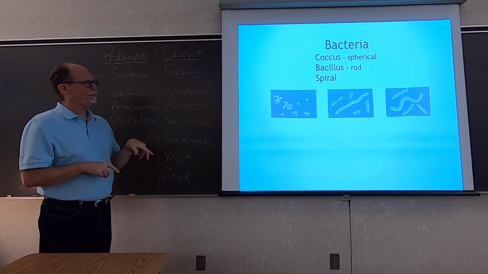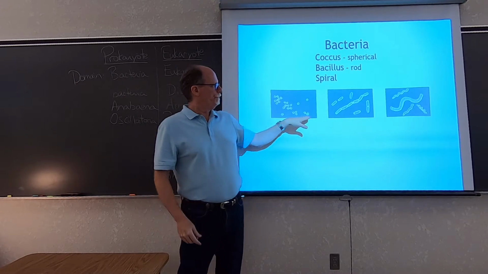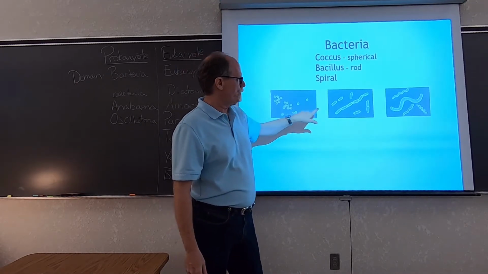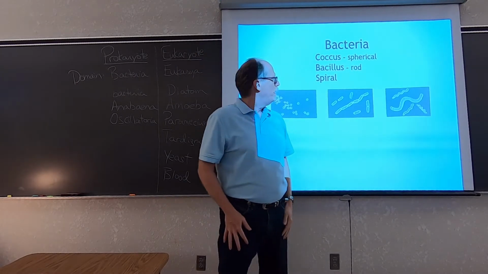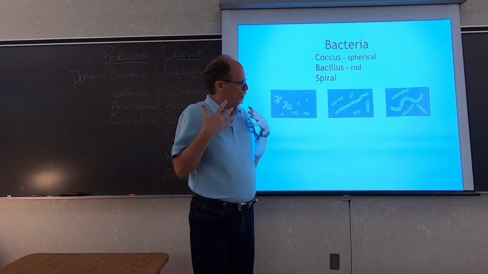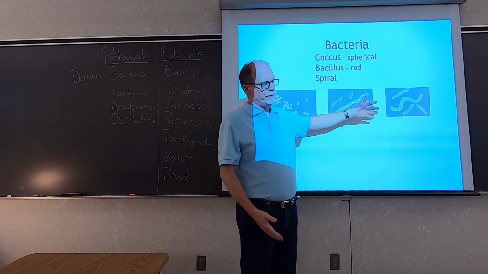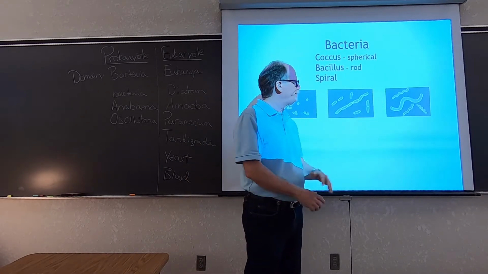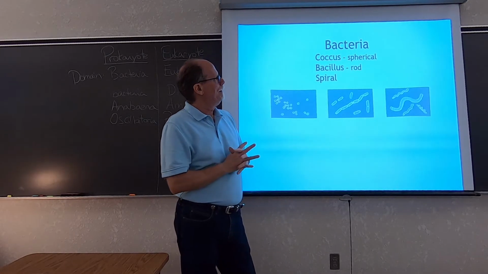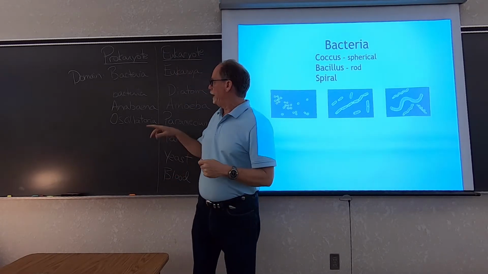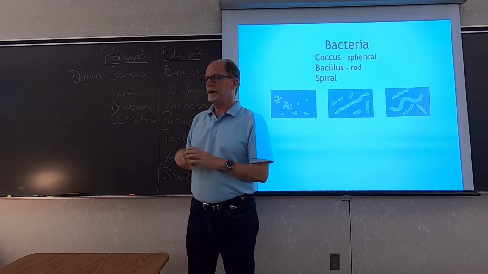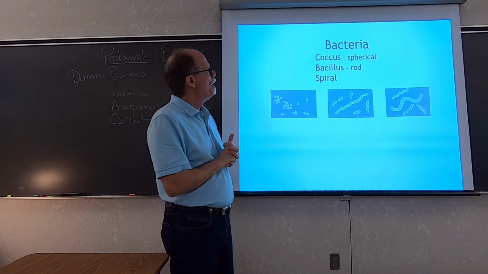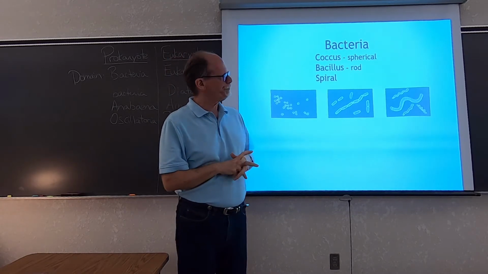So, bacteria, these are images of coccus, bacillus, and spirilla. Some bacteria are either round or rod-shaped or spiral, right? And the bacteria belong to the domain bacteria, so they have the same name and common name.